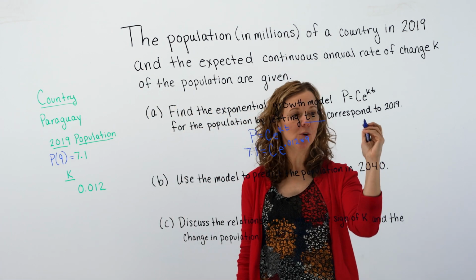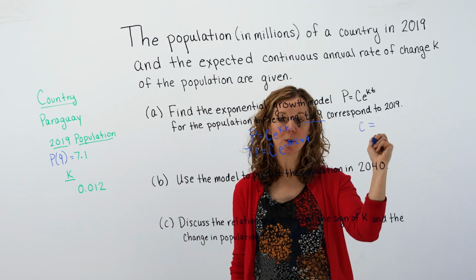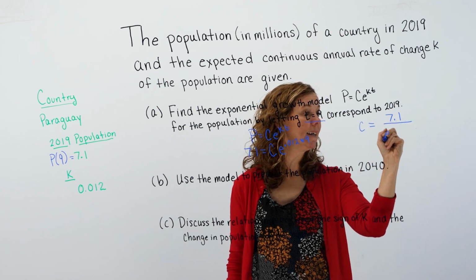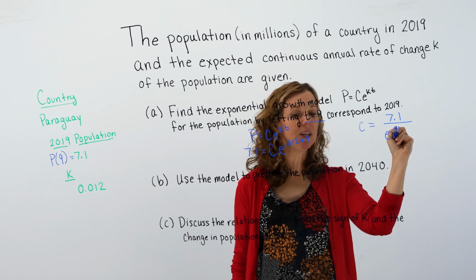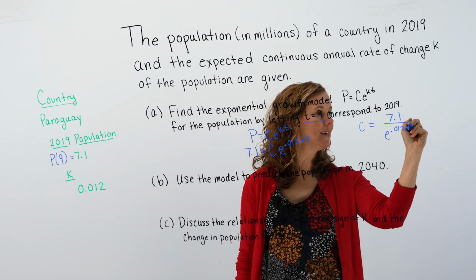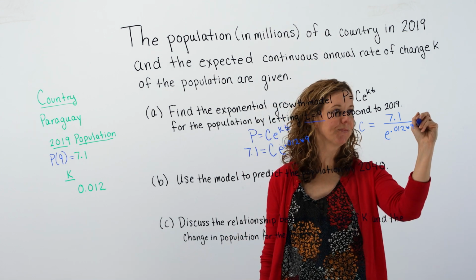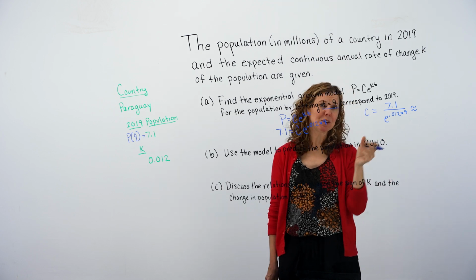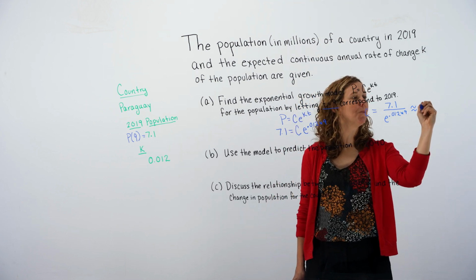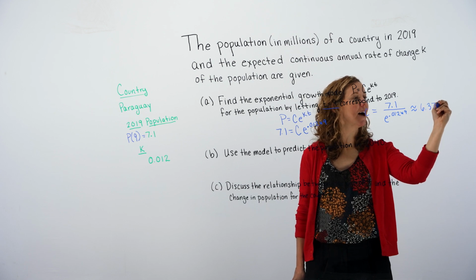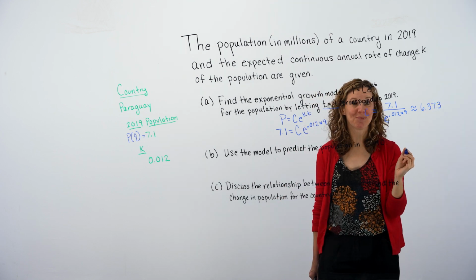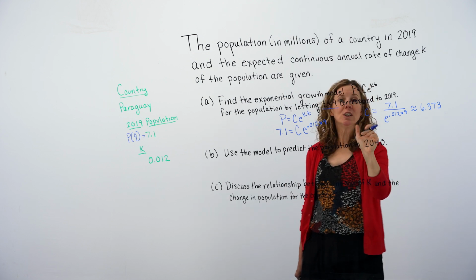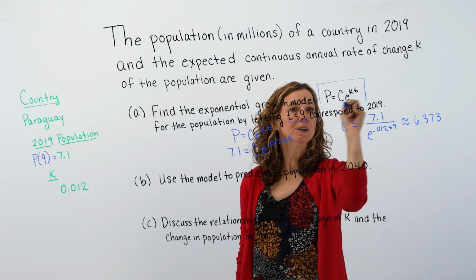In doing that, I will find that C equals 7.1 divided by e to the 0.012 times 9. Now, if we want to see what this value is, we can do some plugging and chugging on a calculator. This will be 6.373 approximately.